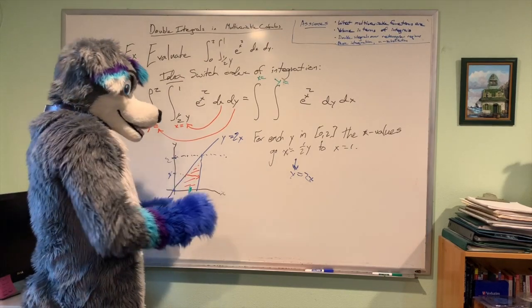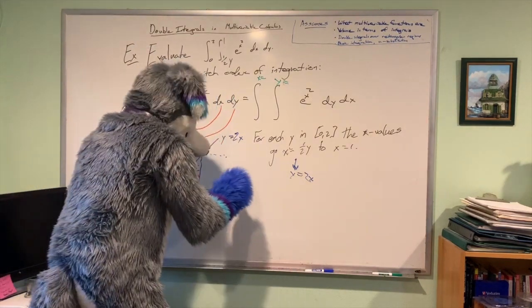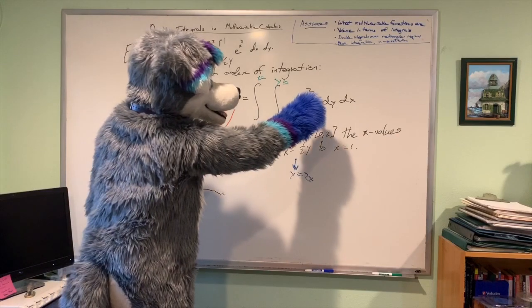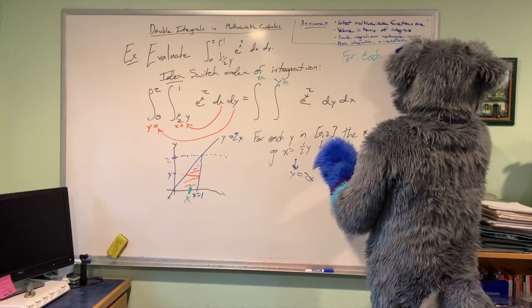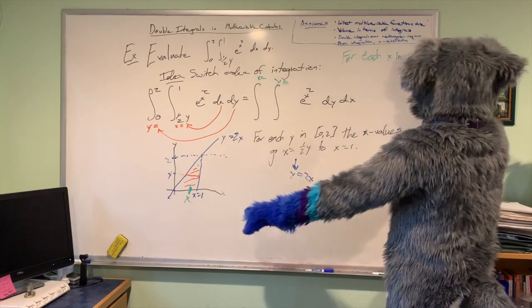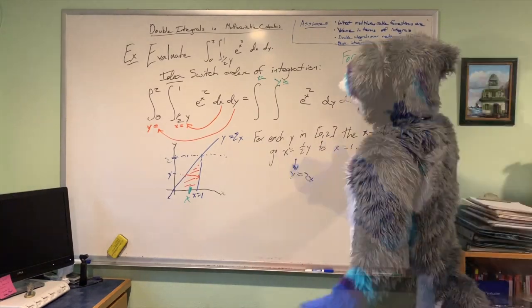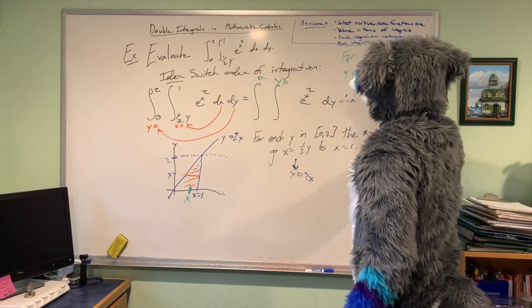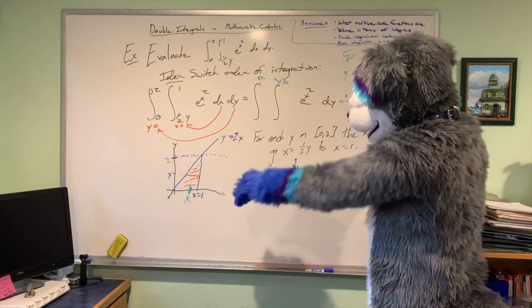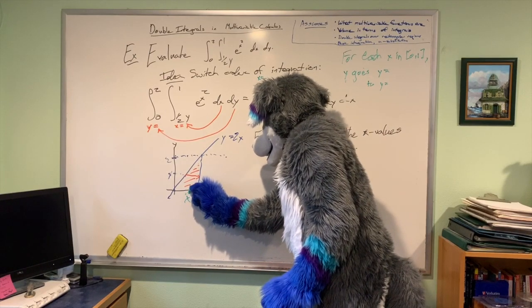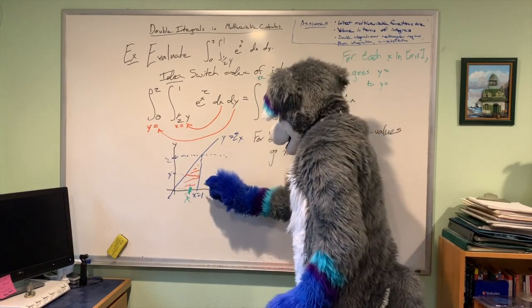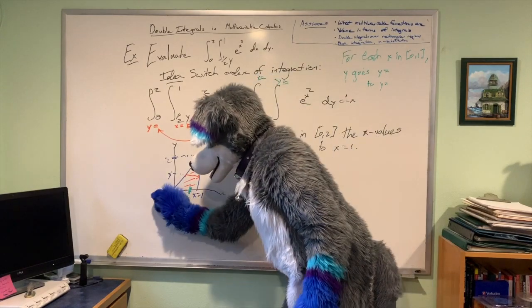For each x value, I'll write down this sentence again. For each x in 0 to 1, where do the y values go? Y equals what to what? Here's an x value, and it goes from the x-axis. That's y equals 0.